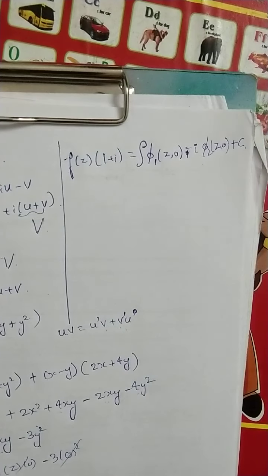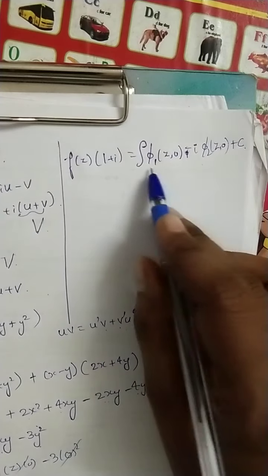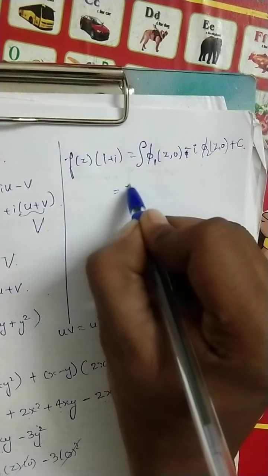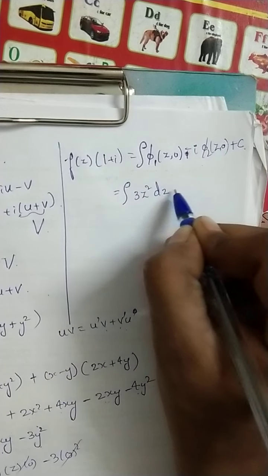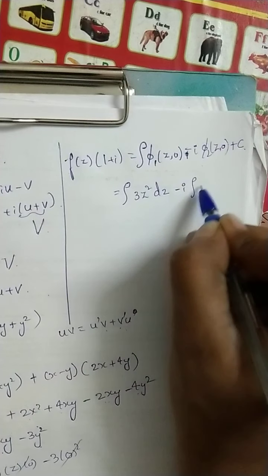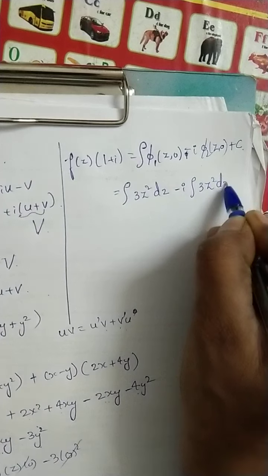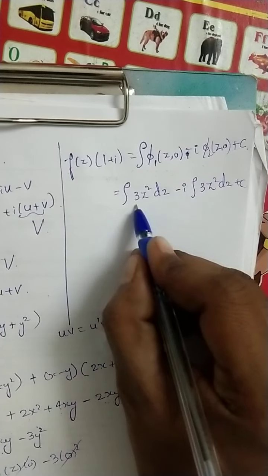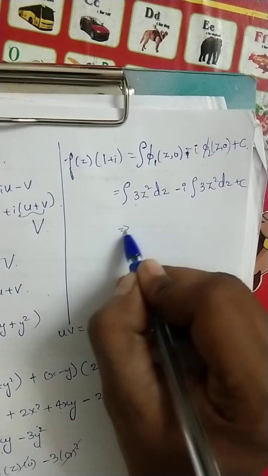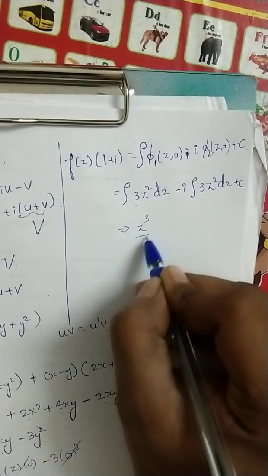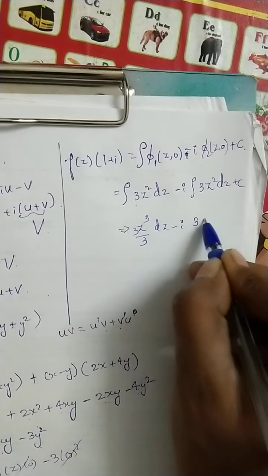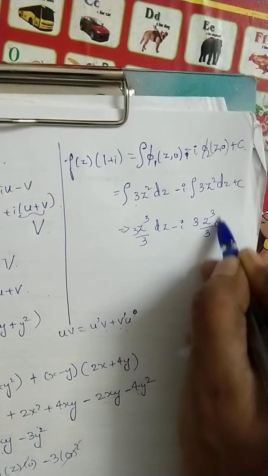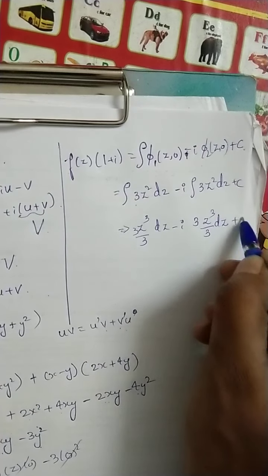So this is our formula. Now if you substitute the value of phi 1 at z comma 0, then our integration will be 3z square into dz minus i into integration of 3z square into dz plus c.